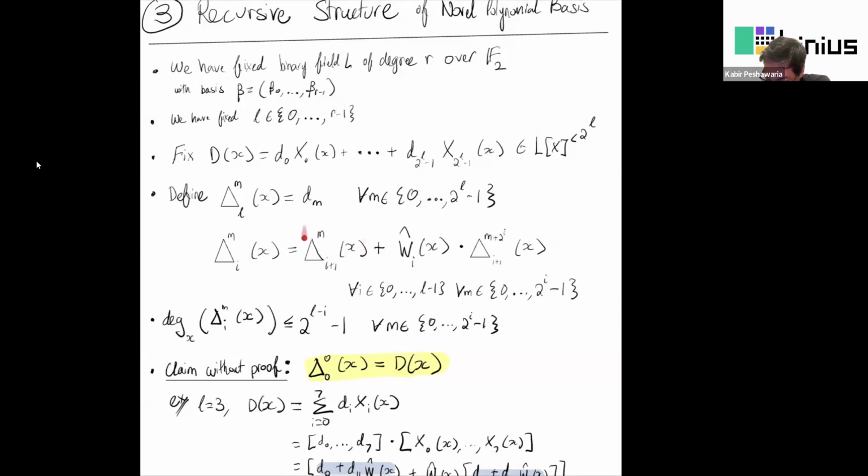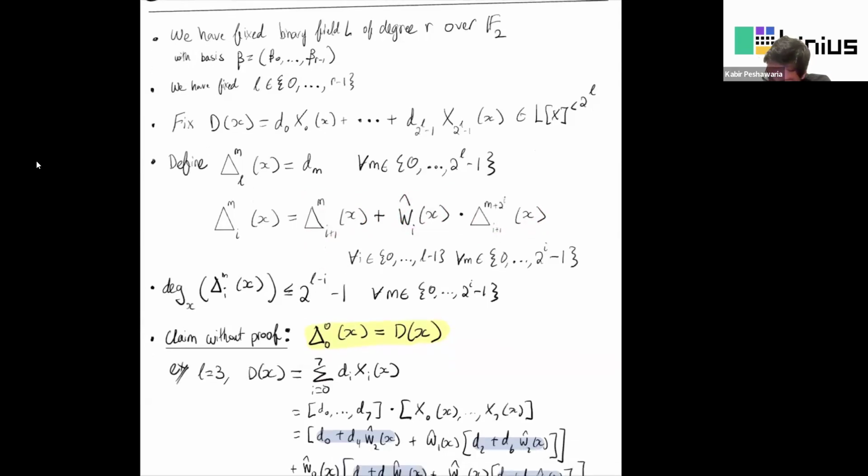Well, this is going to be constant, this is going to be constant. So now the degree is at most 1. And then from there, it just keeps on doubling, right? From this term, we're doing a 1 times, yeah, I mean, I'll let you unwrap that induction proof by yourself.